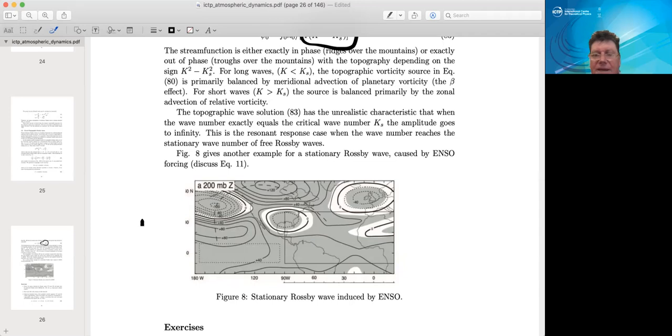Tropical heating could be relevant to cause the stationary Rossby waves that we have just seen in the time mean situation. So inhomogeneities in tropical heating will generate an upper level divergence, and this upper level divergence, as is the case for the mountains, will be a source for Rossby waves.